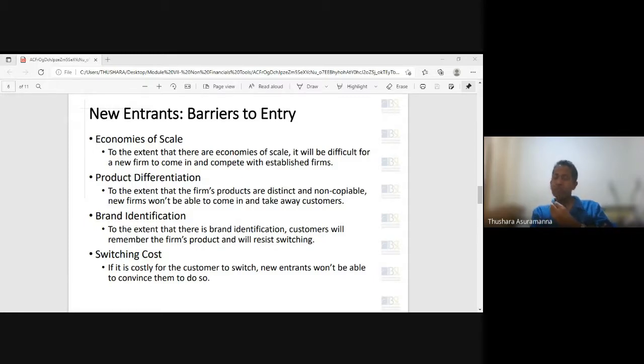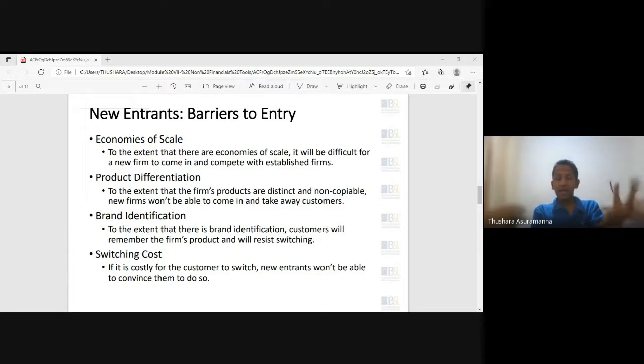Then you have a passion, a desire to use the Apple phone, and after this you go for the next model, right? So you have a brand identity towards that. However many other phones are available in the market, you are probably thinking, no, Apple is good, so I don't want to switch.